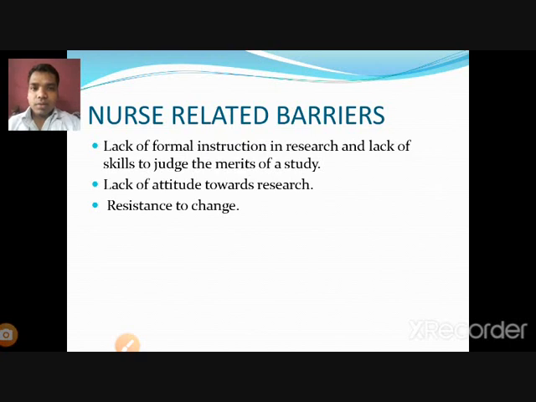Lack of attitude: if the nurse is not interested in a certain research topic, it becomes a barrier. Resistance to change: if a nurse resists changing a topic, it will be a barrier.